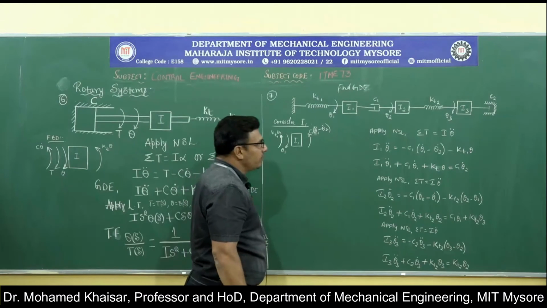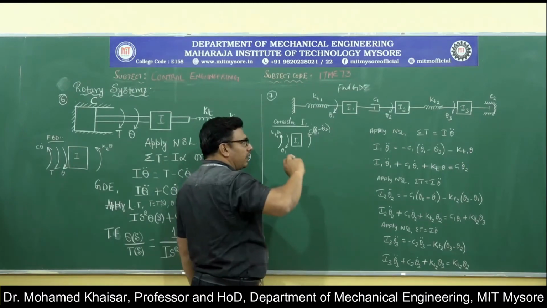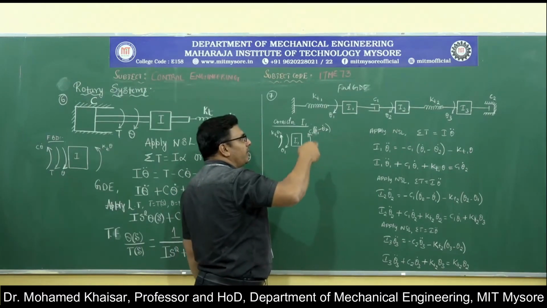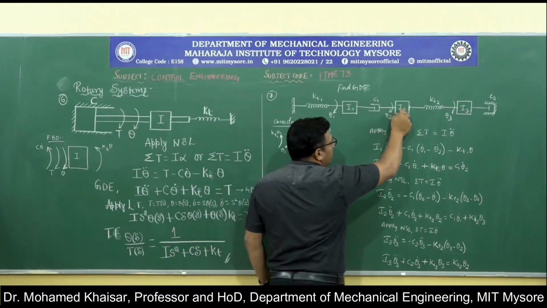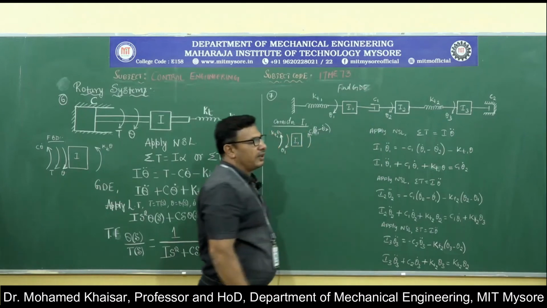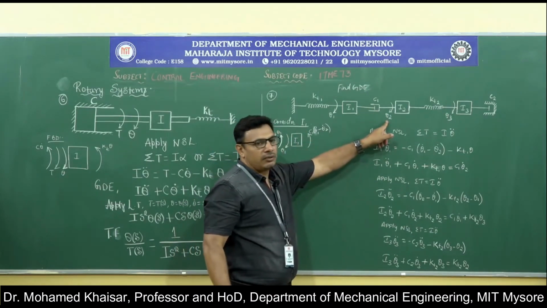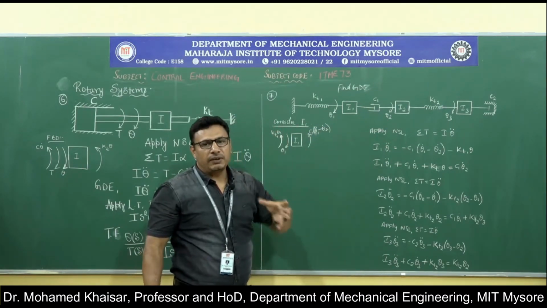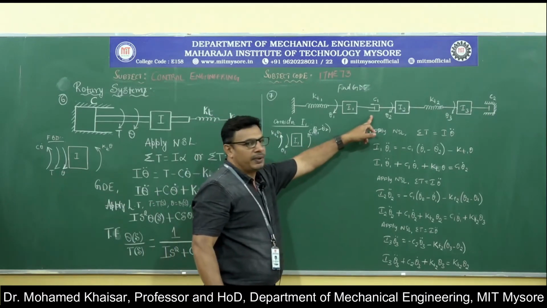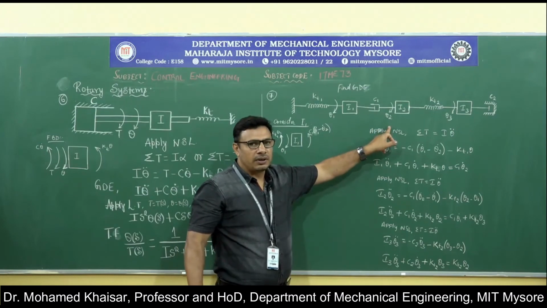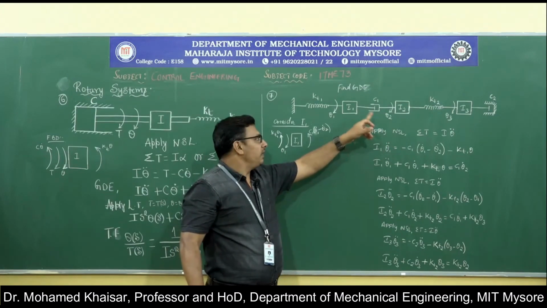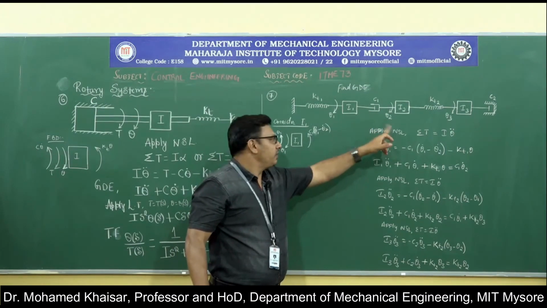That resisting force of C1 theta 1 dot is in turn resisted by I2 with a damping force of C1 theta 2 dot. So the effective resistance offered by the damper is C1 theta 1 dot minus C1 theta 2 dot, effectively C1 of theta 1 dot minus theta 2 dot.